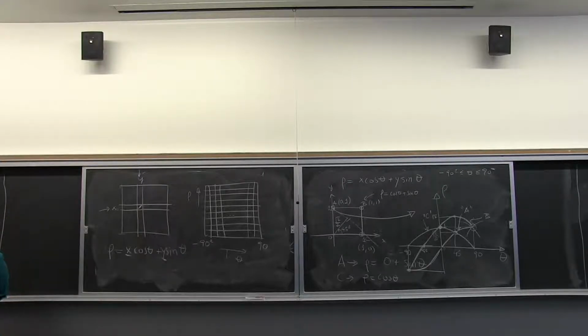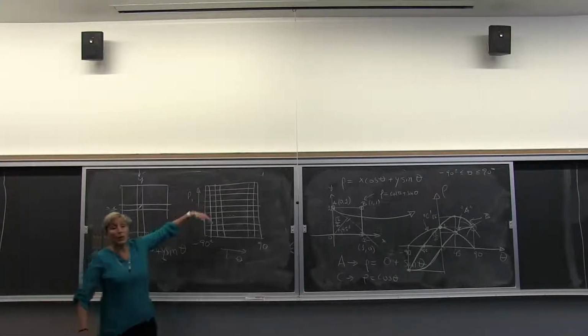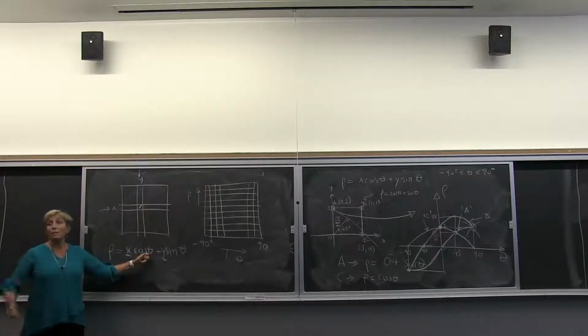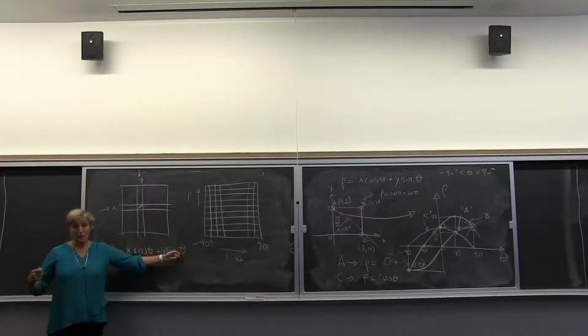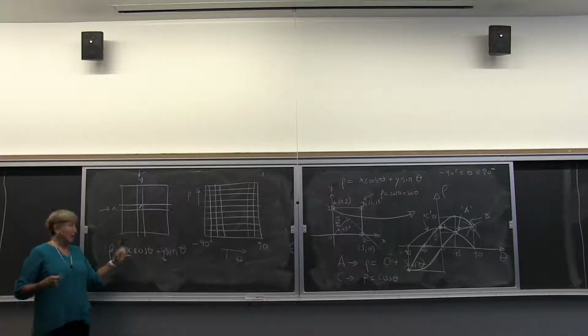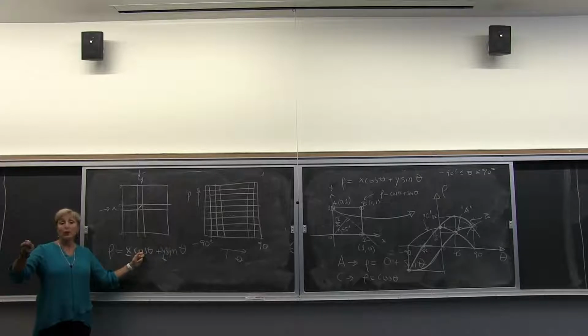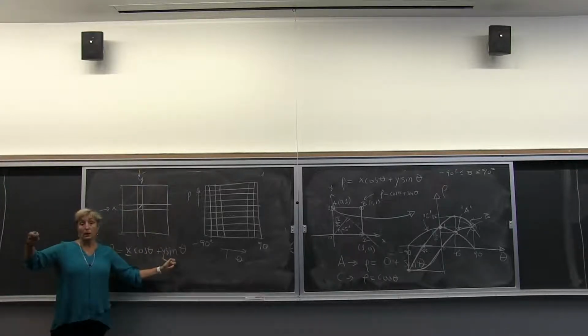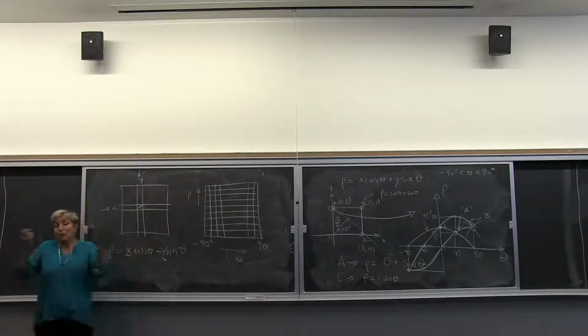Now I need to draw this sinusoid here. How am I going to do it? I'm going to start with theta from minus 90 degrees and plug in minus 90 degrees here. So I have x times cosine of minus 90 plus y times sine of minus 90. That will give me a rho, which is going to be a double number.